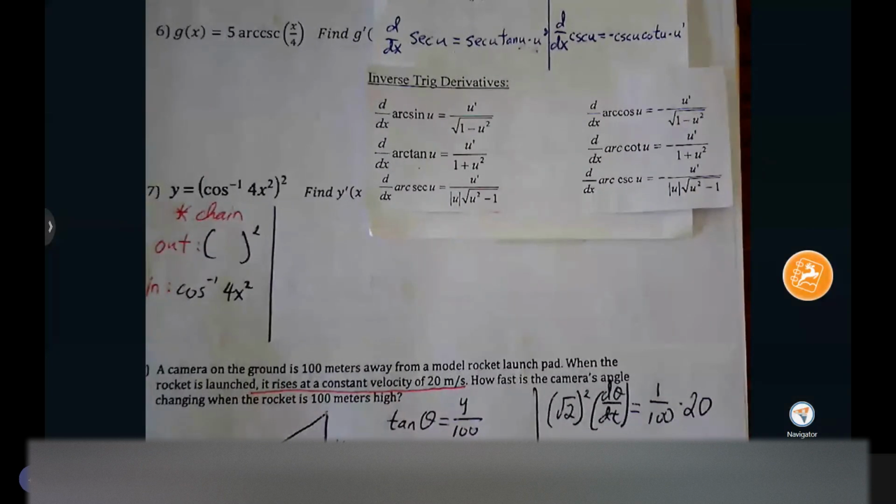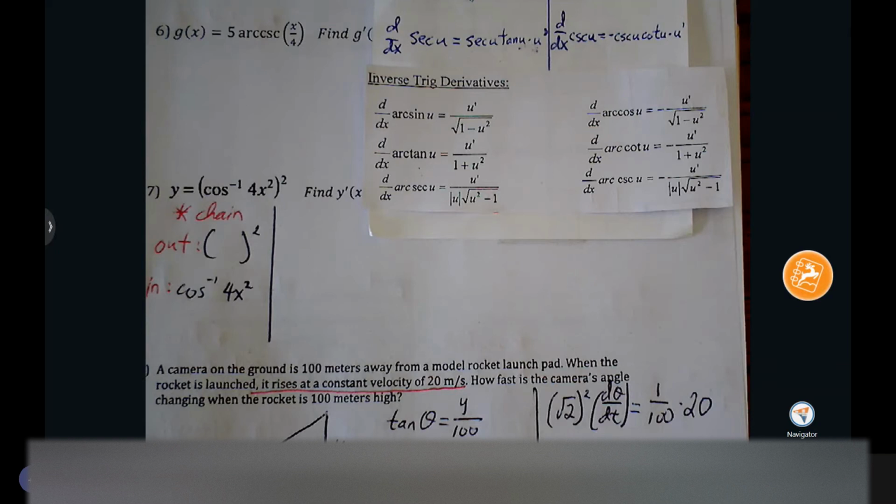You can leave your answer unsimplified. My u value is x over 4.